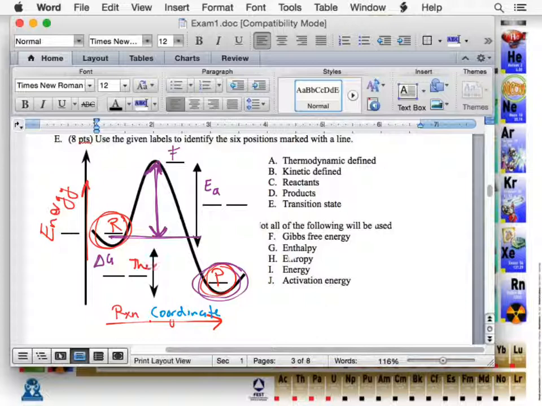So this is thermodynamics down here. What's happening on the top half? The top half is all about how fast it goes. If I drop that transition state energy down, the reaction goes faster. Well, that's speed. Speed is kinetics.